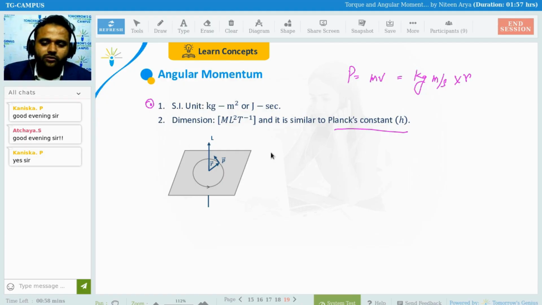You're going to get to know what the Planck constant is in the next class. The Planck constant h is basically joule into second. There is a scientist, Max Planck, and the uncertainty principle states that you cannot define the change in momentum and the change in position of any particular wave simultaneously.